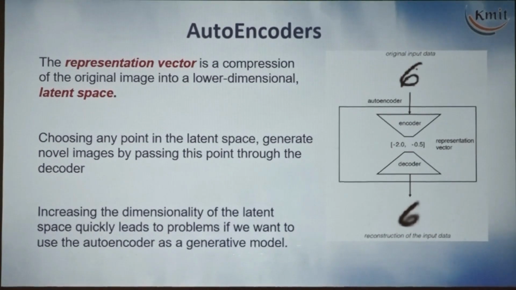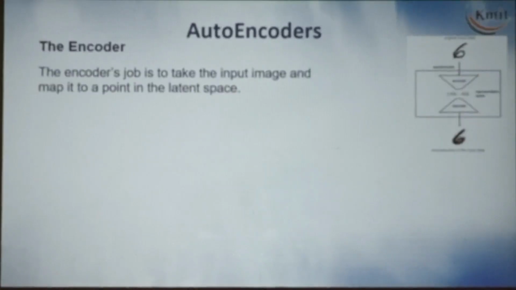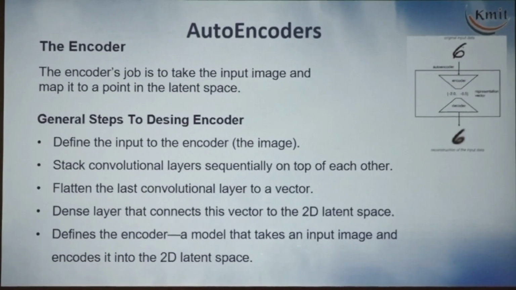Increasing the dimensionality of the latent space will obviously increase the complexity, and it will give more problems also. What are the problems? You will see that practically. Okay? Now, in the autoencoder, how can we build the encoder?